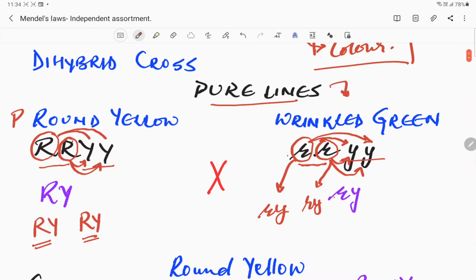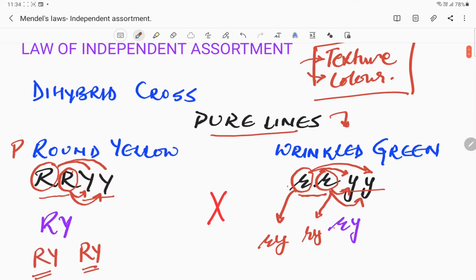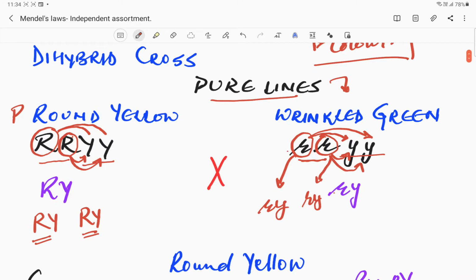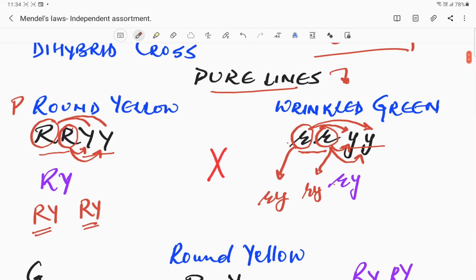Now, when Mendel crossed these two parents, plants that had round and yellow seeds with plants that have wrinkled green seeds, he found out that in the progeny, the entire first generation of offspring, all the seeds were round. So just recall the monohybrid cross experiment. What happened in the monohybrid cross experiment?